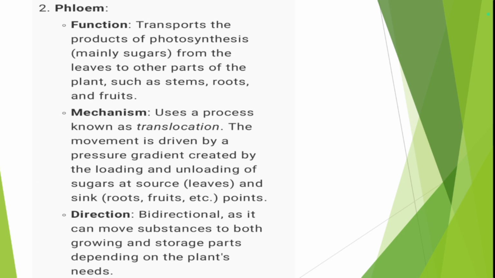When this loading and unloading, export and import occurs between the source and the sink. Source means from where it is being transported, and sink means where it has to be transported. So this mechanism is known as translocation.